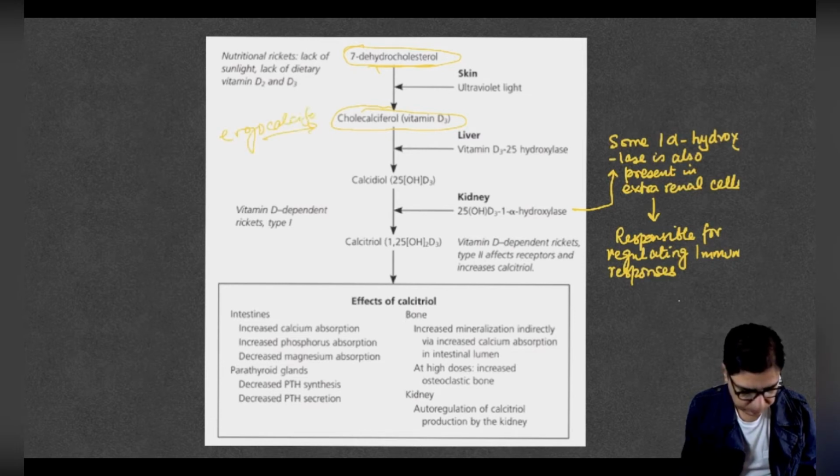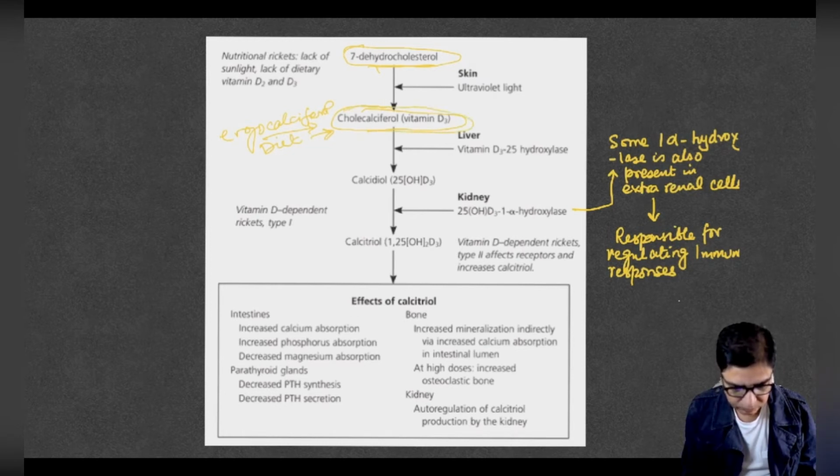Once you've got the cholecalciferol or ergocalciferol coming from the diet, when you eat it, it gets absorbed and goes into the liver. Now the liver plays an important part because it converts ergocalciferol or cholecalciferol, which are different forms of vitamin D, into 25-hydroxy vitamin D, also known as calcidiol.